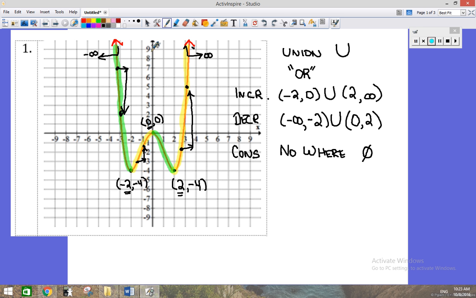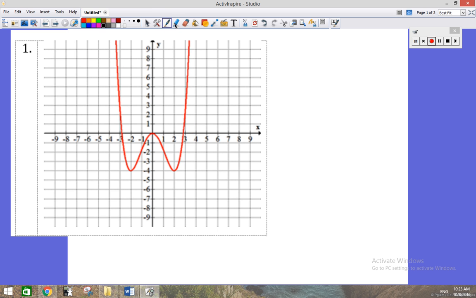Here I see, let's clear my work from before. If I focus my attention on the y-axis for just a moment, I have symmetry with respect to the y-axis. What we mean by that is the right of the y-axis is a mirror image of what's left of the y-axis.